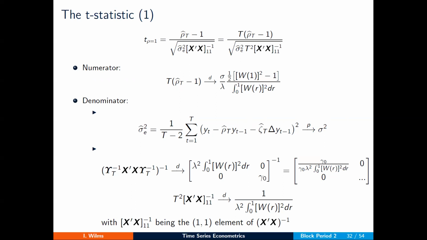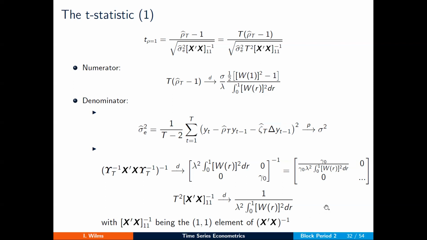And since X'X had 0 off-diagonal elements, we can very easily compute this first entry in the inverse matrix over here. It's nothing more than the lower right entry divided by the determinant of the cross product matrix, which is in this case just the product of the diagonal elements over here.